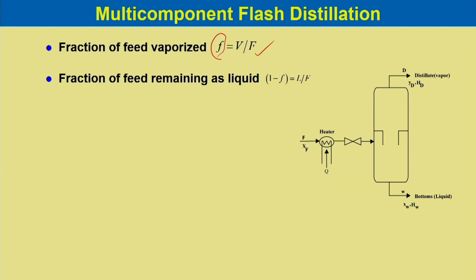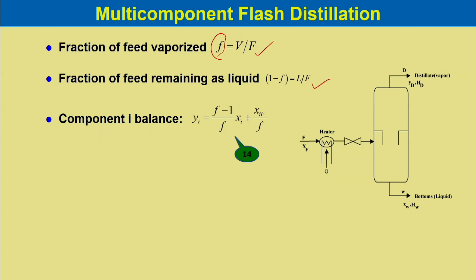Fraction of the feed remaining as liquid is 1 minus f, which is equal to L by F. Now, if we do the balance on component i, we can write y i is equal to (f minus 1) divided by f into x i plus x i f divided by f.